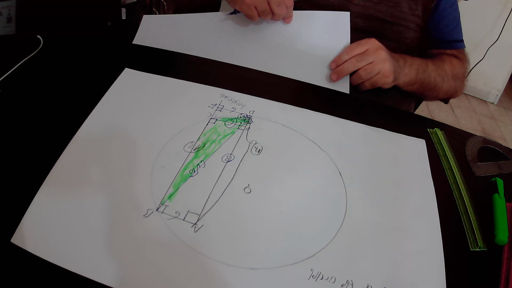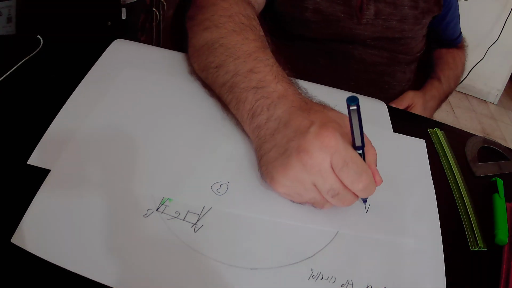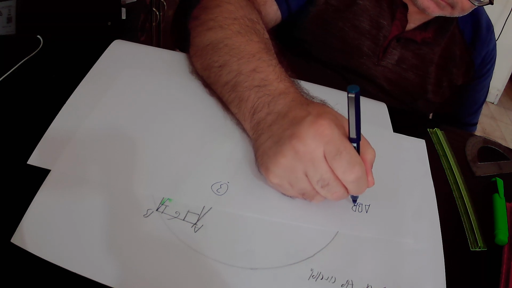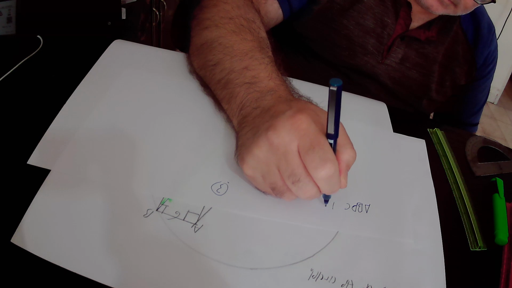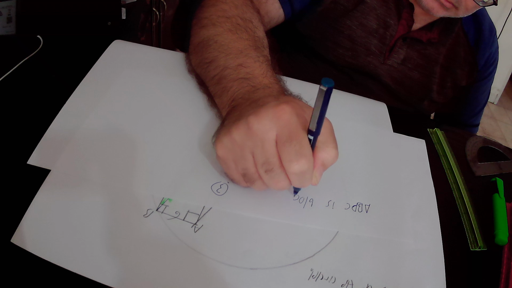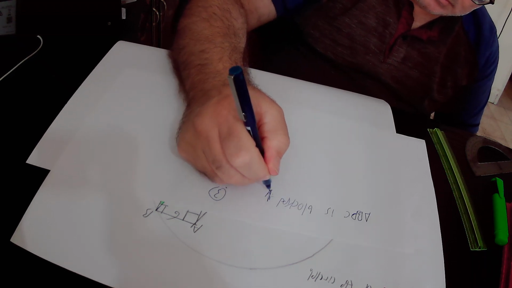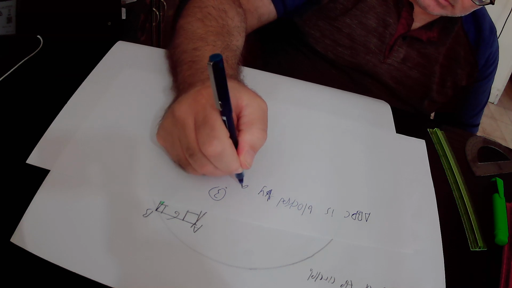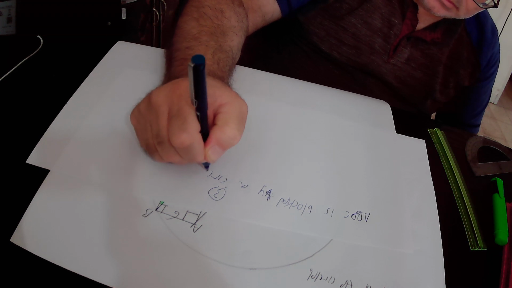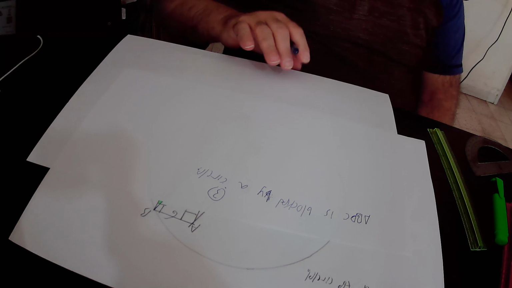So I write it down. The green triangle BDC is blocked by a circle, and therefore we can implement here rule number 1.